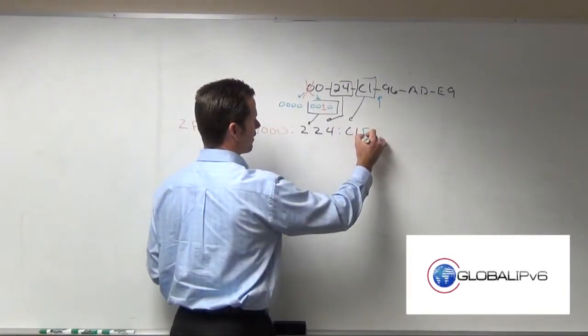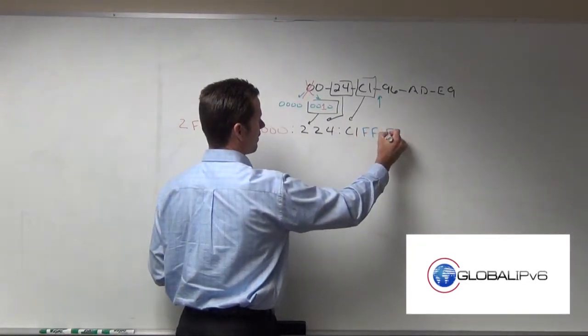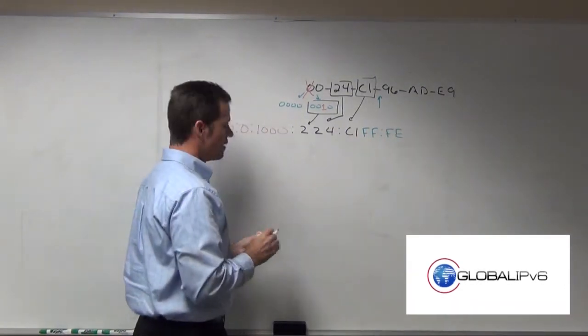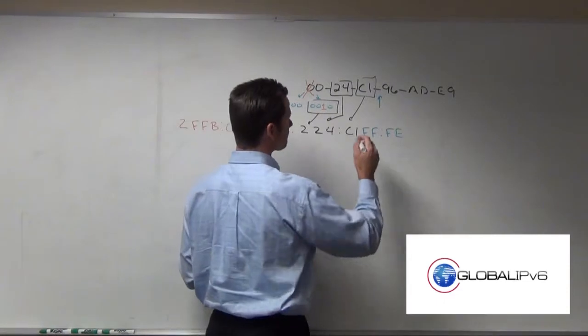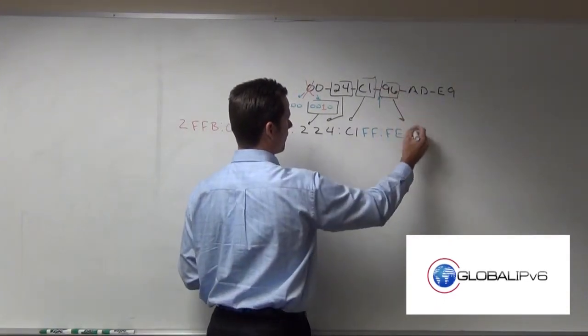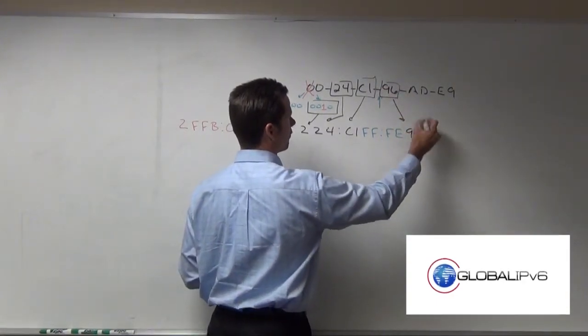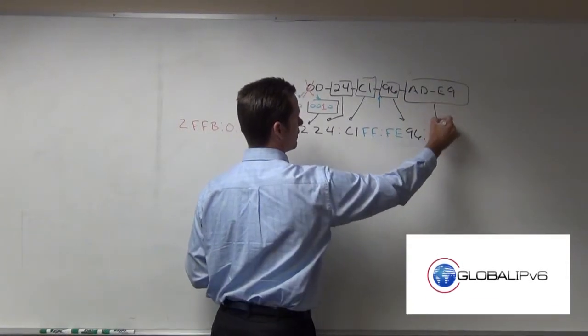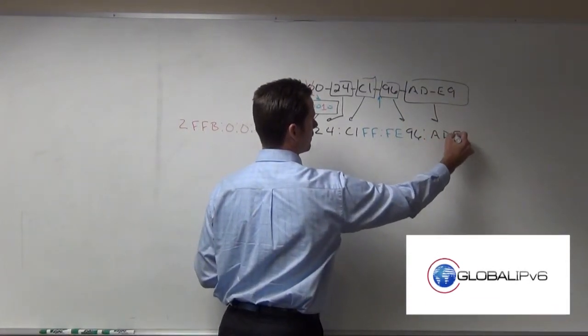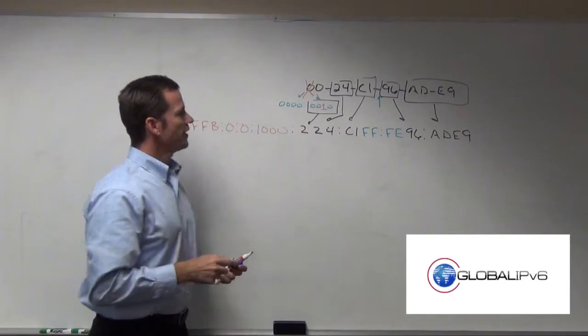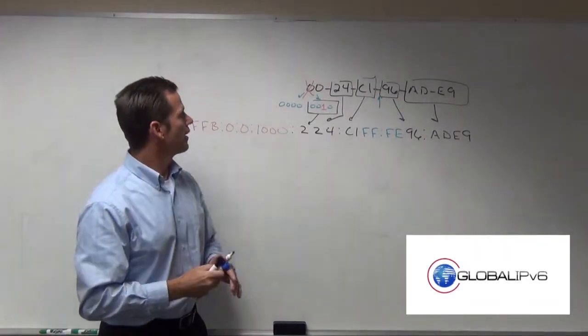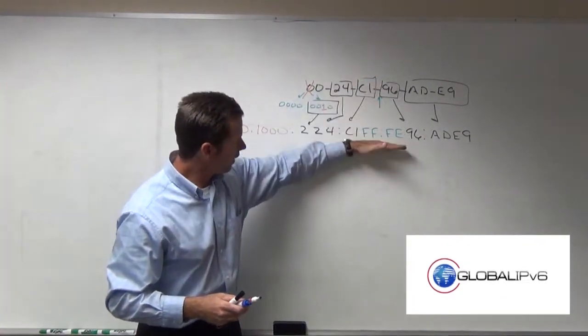So we pad right here with FF:FE, and then we continue on by putting 96, so the end result would be your MAC address copied down.